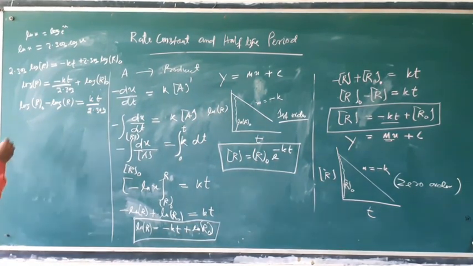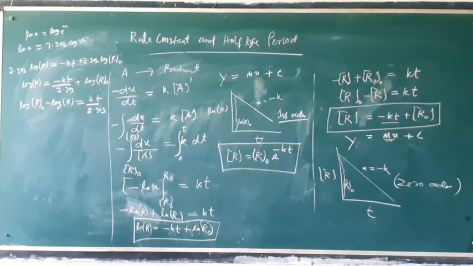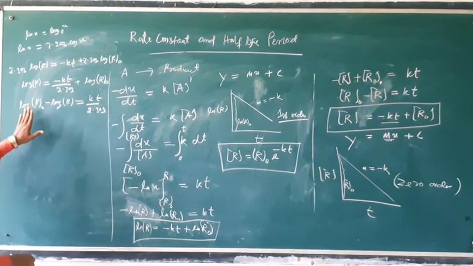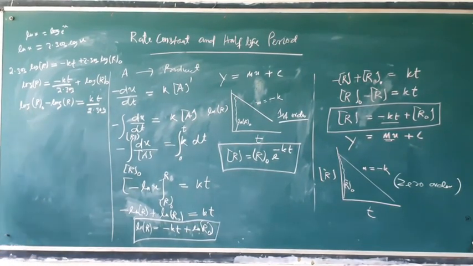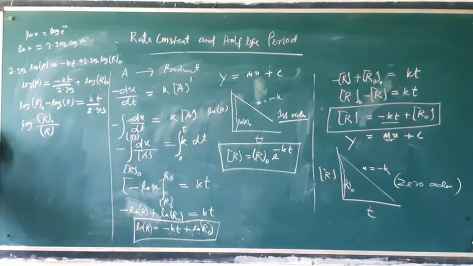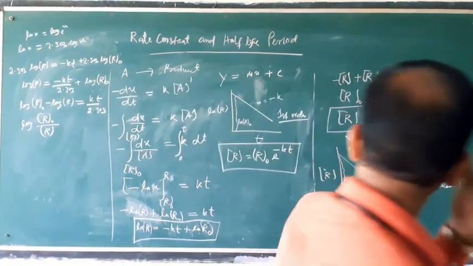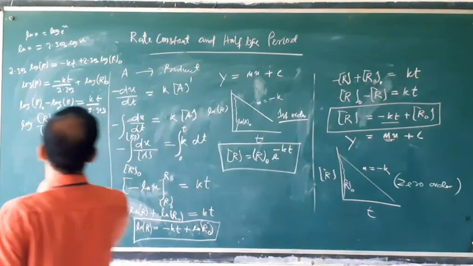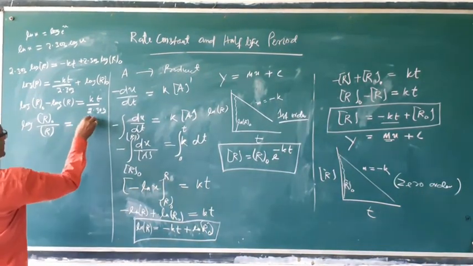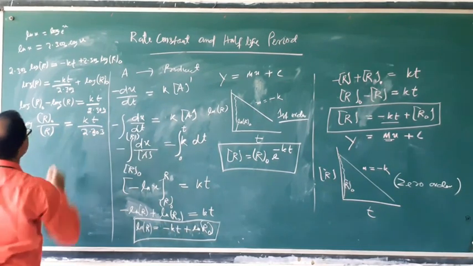Okay, now log a minus log b is equal to log a by b. Log a minus log b, there is a formula, that is log a by b. So log r0 by r is equal to kt by 2.303.